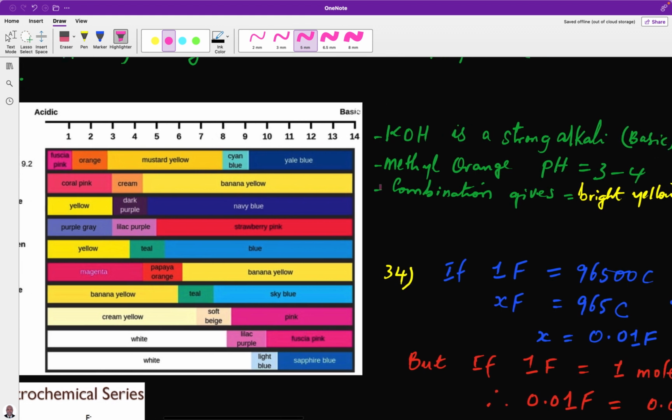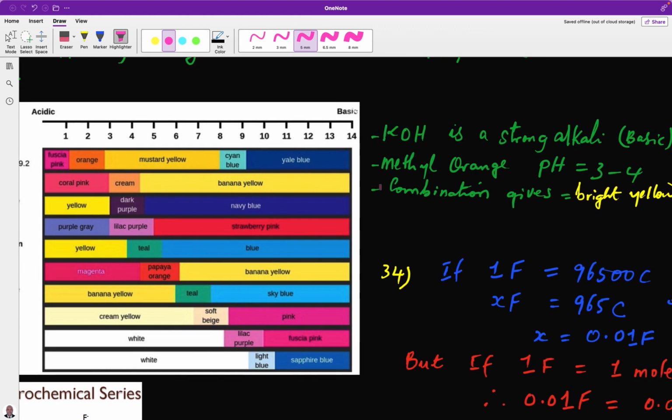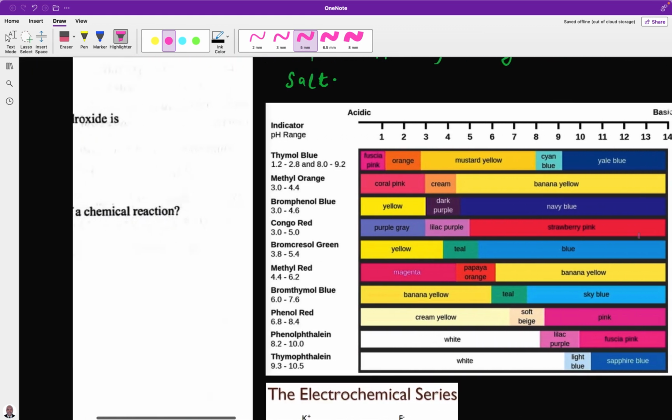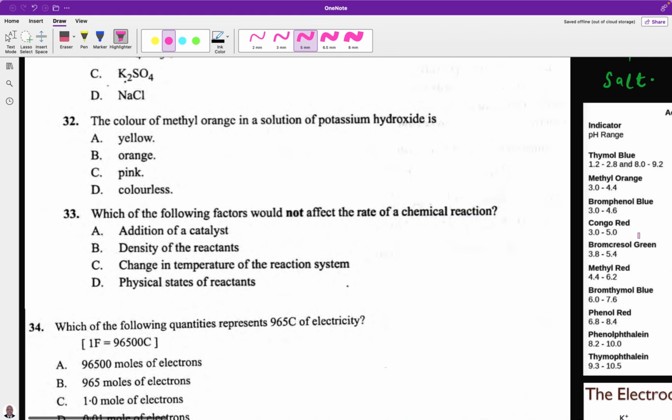So if we go back to our question, the color of methyl orange in a solution of potassium hydroxide is not going to be orange, it's not going to be pink, it's not going to be colorless, but it's going to be yellow. So A is the right answer.